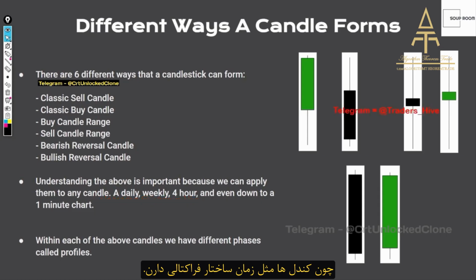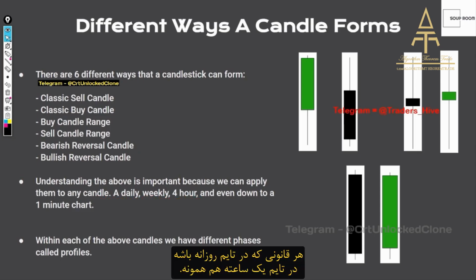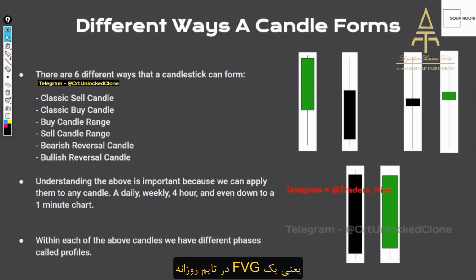Same thing with time, right? Anything that works on a daily time frame will work on the 1 hour time frame. What does this mean? A fair value gap will work on the daily time frame just as much as a fair value gap will work on the 1 hour time frame. This means time is fractal. Now, I'm telling you, candlesticks are fractal.